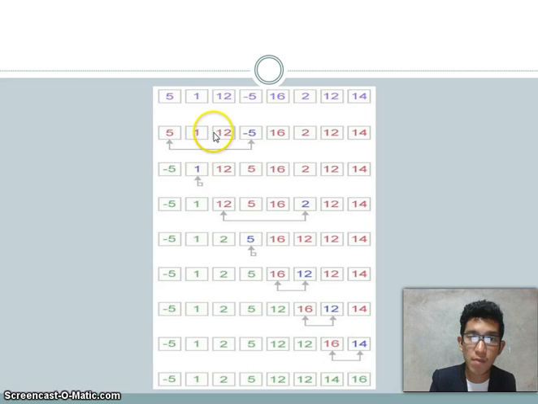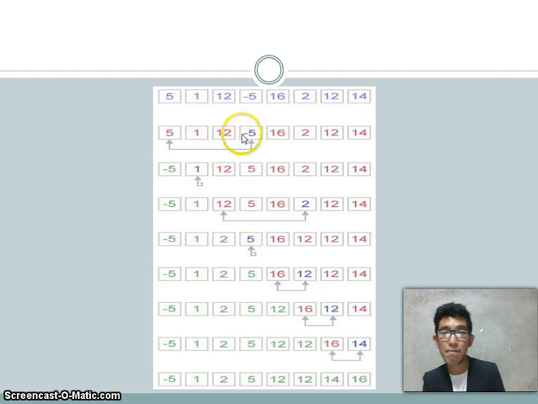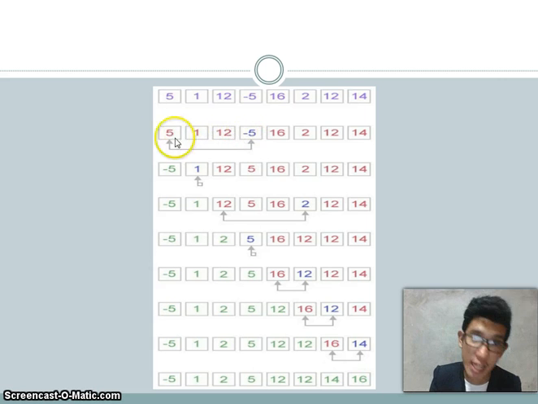Yung 1 at 12 is sorted na yan. Kahit maliit yung 1 tsaka 5, pero kung pagmamasdan natin yung mga numbers, yung 5 tsaka negative 5 is unsorted po siya talaga. Pero yung 1 at 12 is sorted. So, we select 5 and negative 5 kasi hindi po siya sorted.